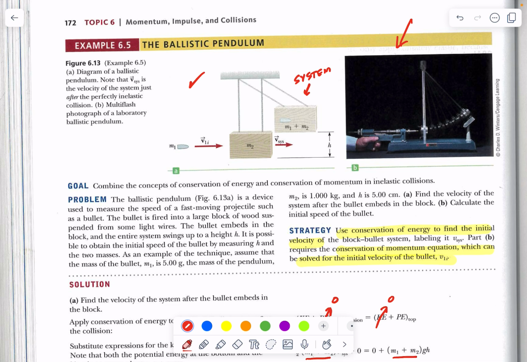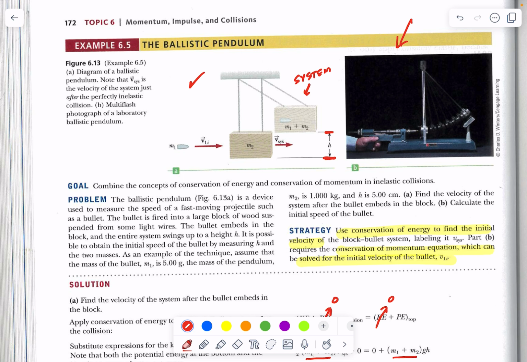Now, the trick to this problem, and you better remember this, is we're going to work backwards. We're going to work from what happens after the bullet has already penetrated the wooden block and calculate the energy that it now has when the block swings from this level, the bottom of the block, up to this level, when it increases in height by the amount h.